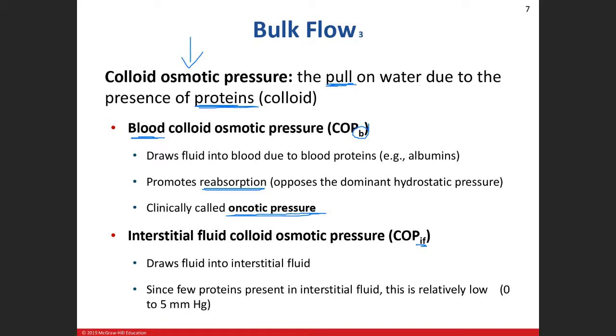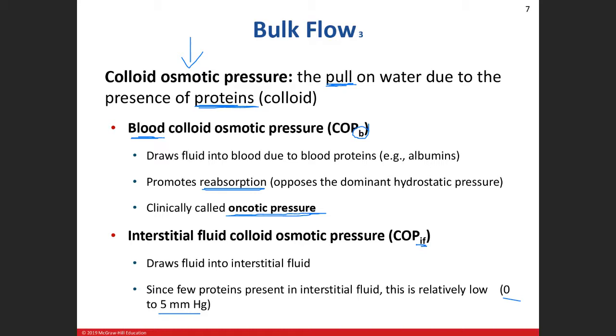Again, this value is going to be very low. Proteins normally are too big to be leaking or getting out of blood vessels. So they're usually trapped in the blood vessels. So we see a very low value for that, usually 0 to 5 millimeters of mercury. Again, you really should not have proteins in the interstitial fluid. The proteins should be staying in the blood vessels.